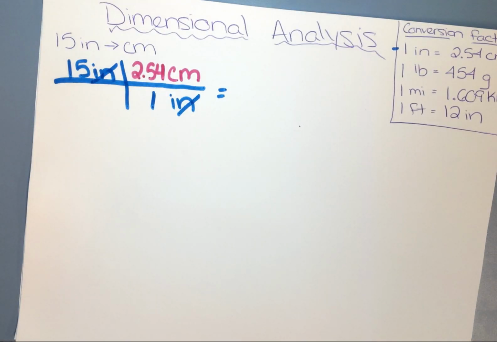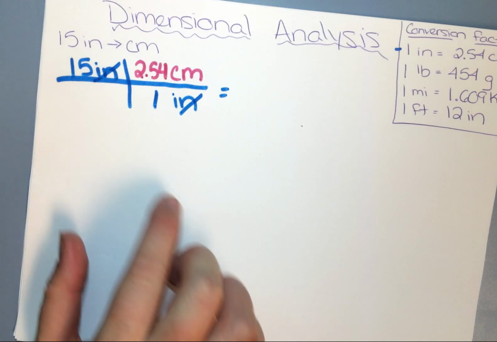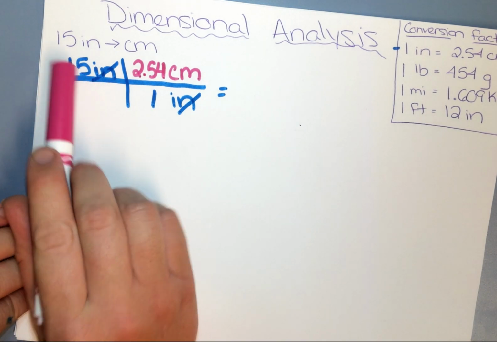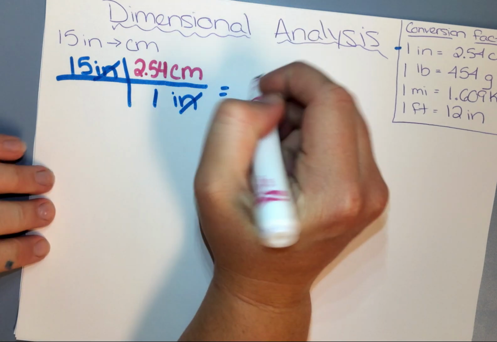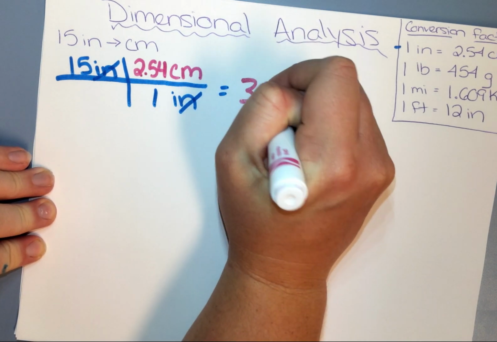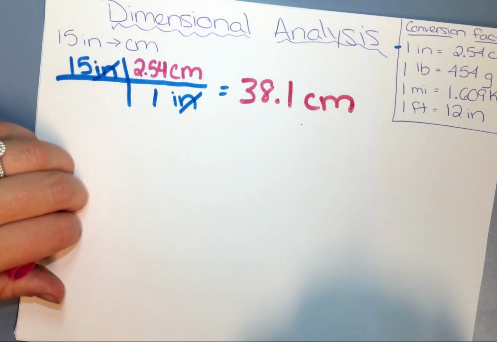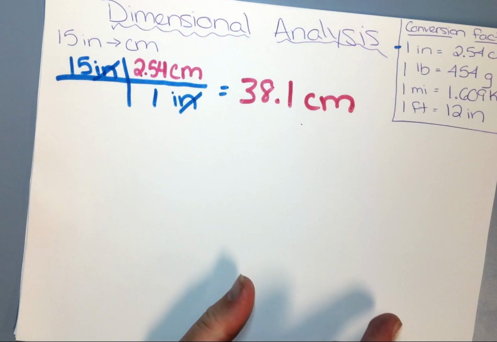So all I have to do now is multiply across the top and then divide by what's on the bottom. And I find out that 15 inches is equal to 38.1 centimeters.